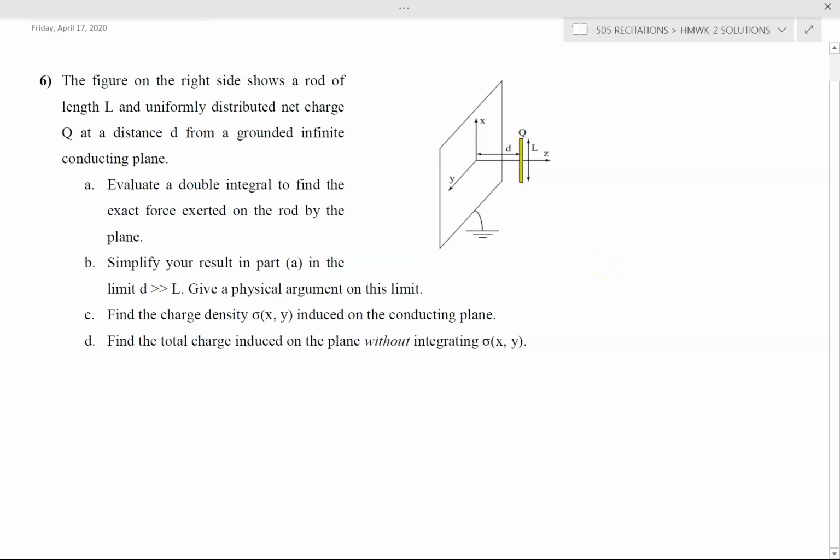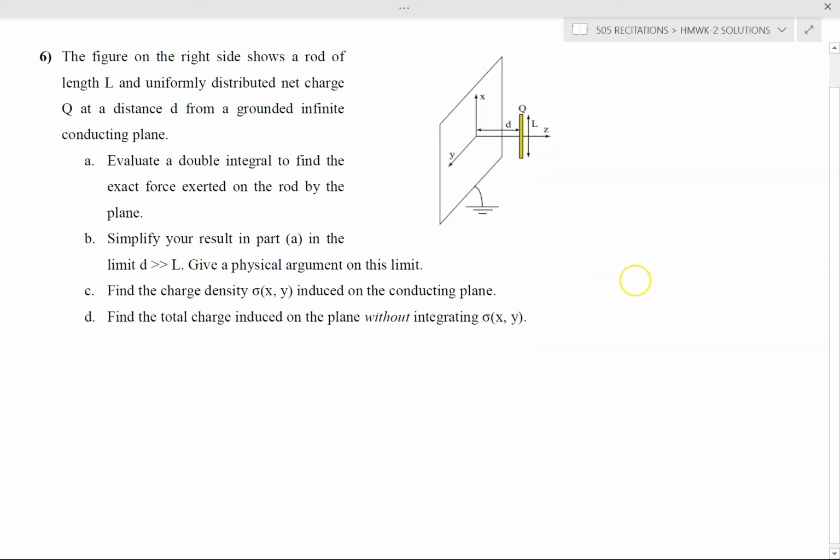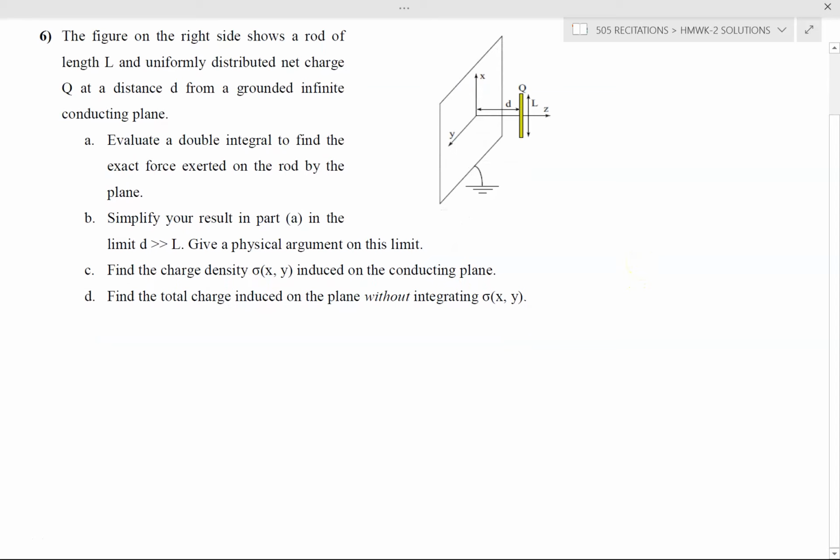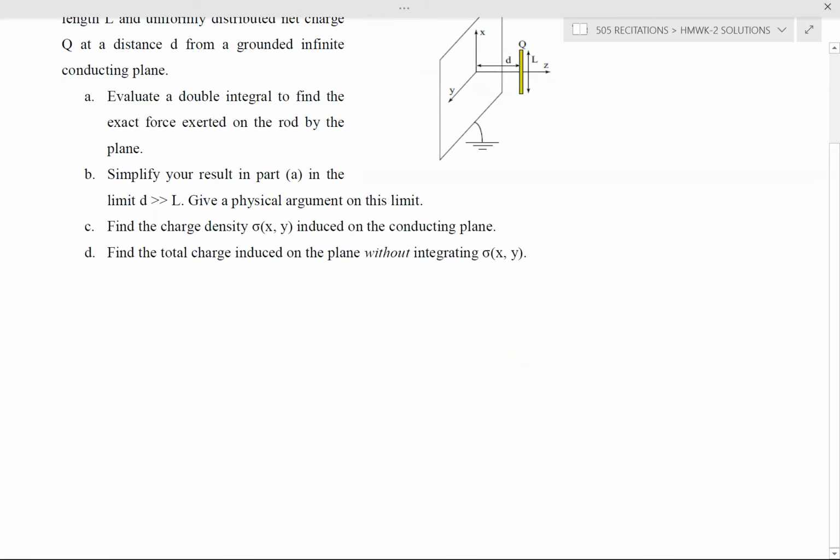Okay, in this problem again we will be using the method of images idea, and by using the image of this whole rod we will be evaluating a double integral to find the exact force between the rod and the infinite plane. You see, for an infinite plane of this sort we have total charge of Q and L rod over here.